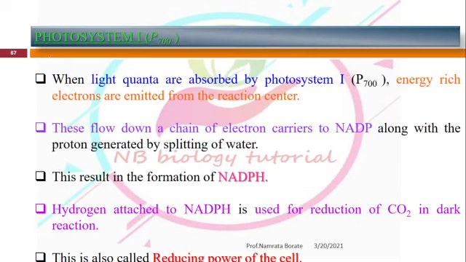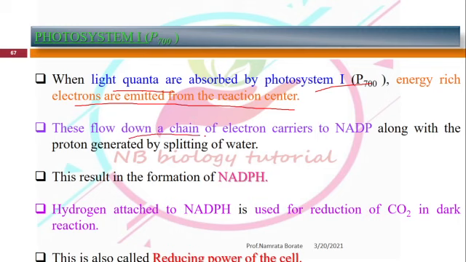The next one is photosystem one, whose reaction center is P700. When light quanta are absorbed by photosystem one, that is P700, energy rich electrons are emitted from the reaction center.